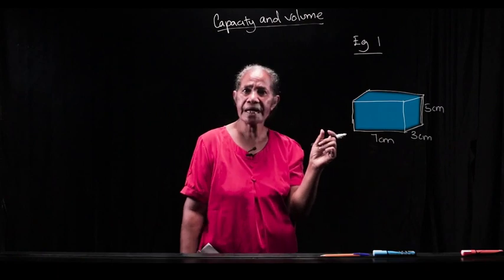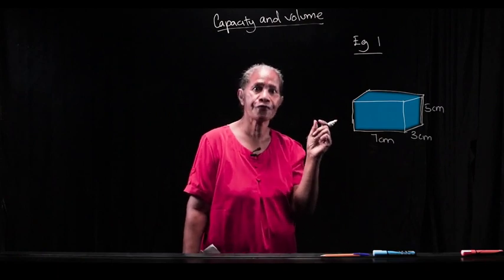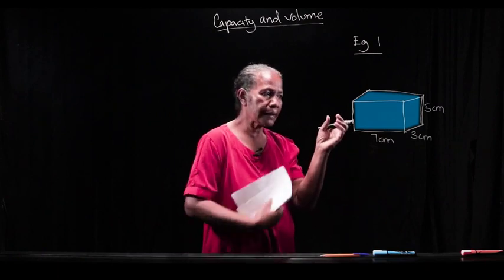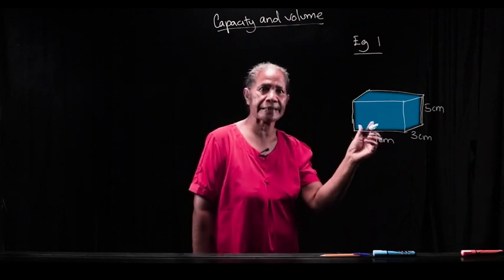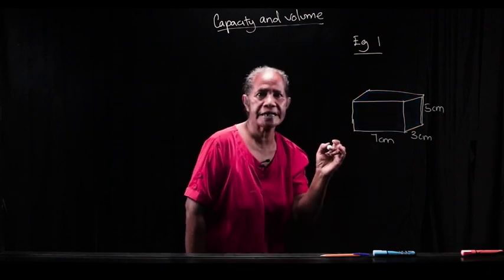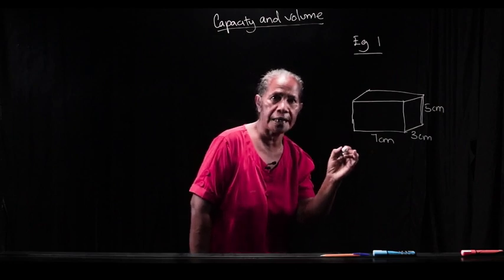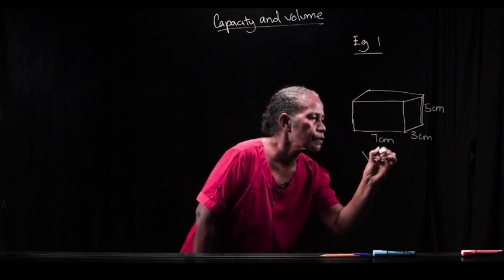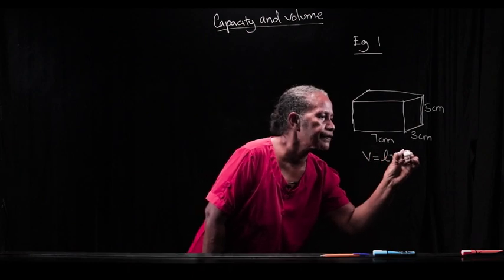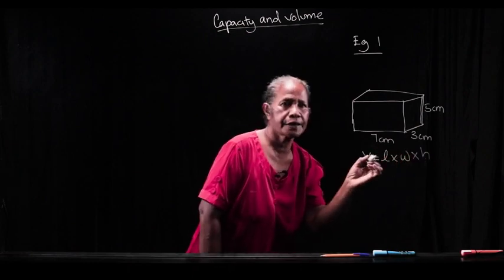Capacity and volume use the same formula. So let's start by calculating the capacity of the full tank, using the volume formula. Volume is equal to length times width times height.